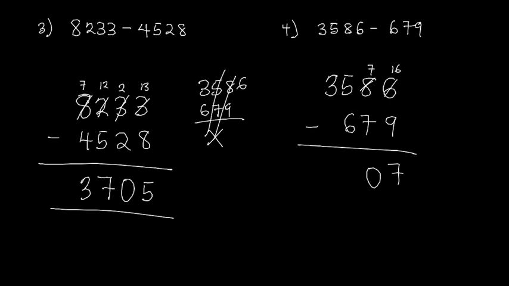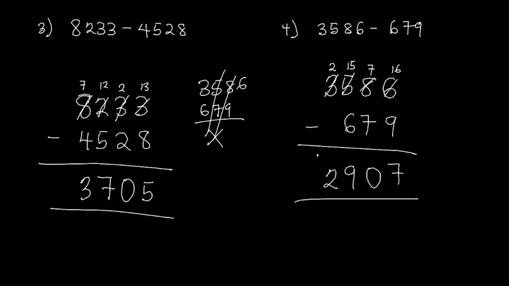It is not possible. So I borrow 1 from here. I'm left with 2. That one is 10 plus this 5 becomes 15. So I have 15 minus 6, that will give me 9. So I have 9 over here. And I'm only left with 2 over here. Since there is no number here, it means it's 0. So 2 minus 0 will give me 2 as my answer.